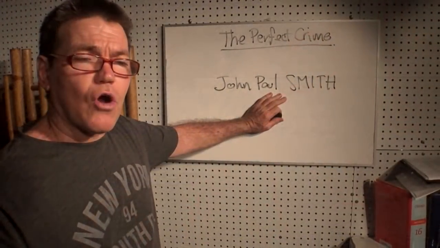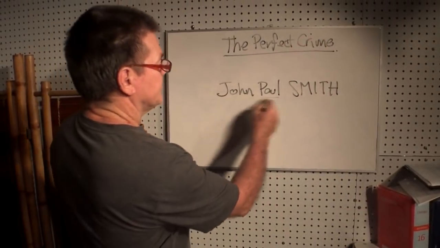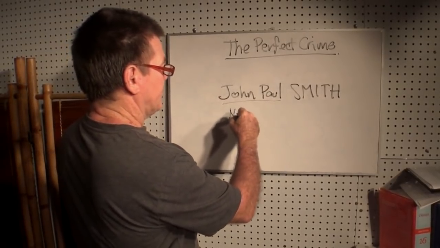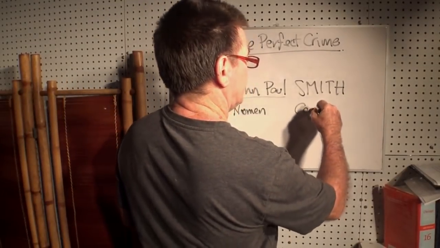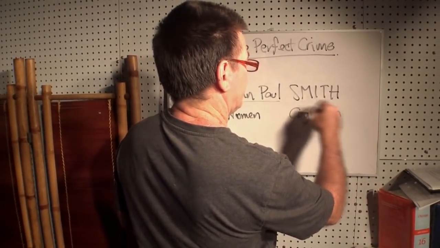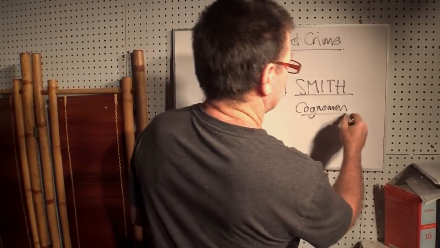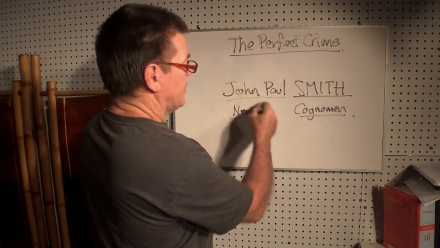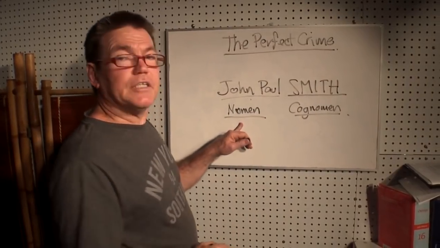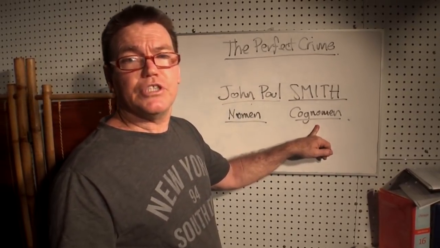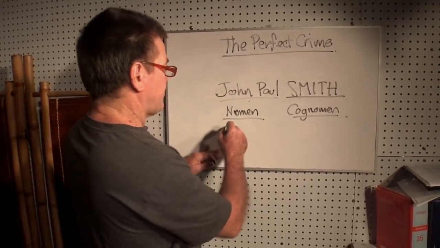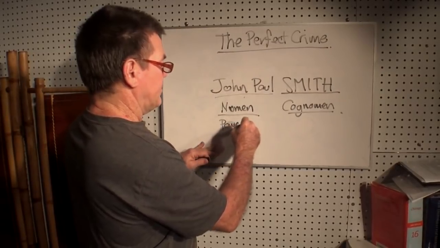So what happened in 1230 when they created the surname, which means cognomen? This is nomen. This is a cognomen. That's a nomen. A nomen is the power of Rome. Cognomen is the machine of Rome. So it's the power of Rome.